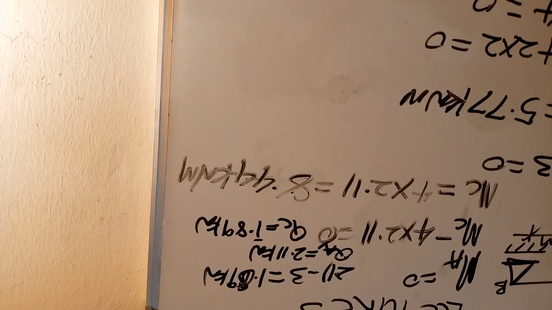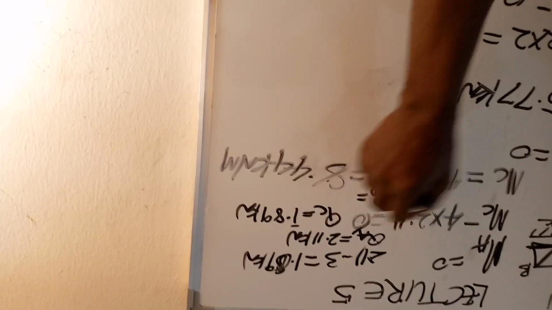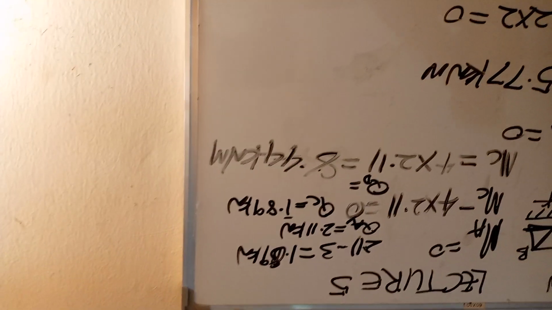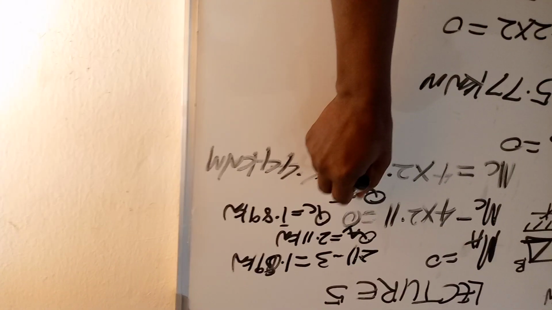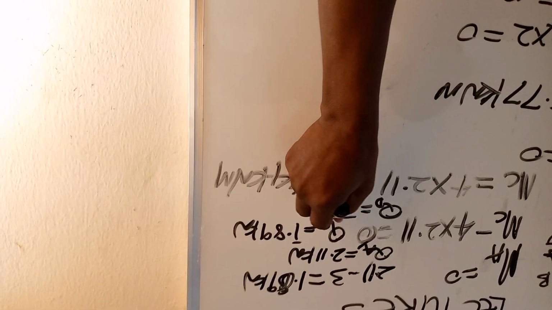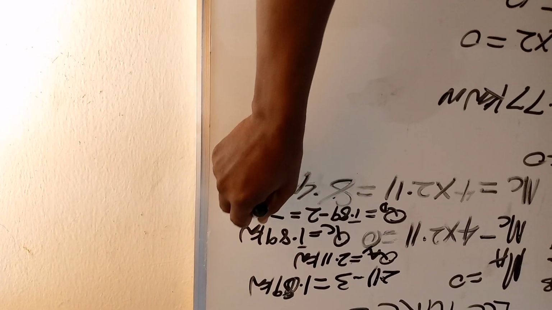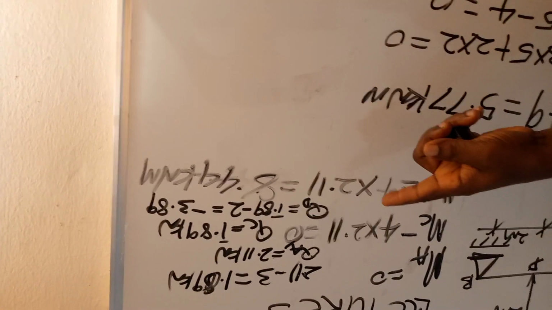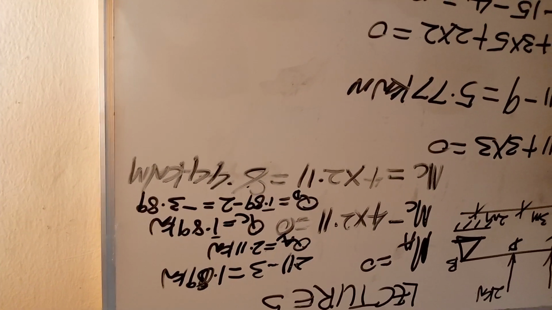The shear force at D is minus 1.89 minus 2, which is equal to minus 3.89, because the shear force at C is negative and the one at D is also pointing down.